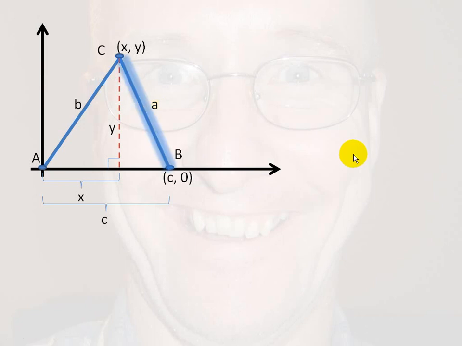And as I develop this law of cosines, I want to calculate the distance from this arbitrary (x, y) point here down to this (c, 0). So I'm going to calculate the distance. And of course we use the distance formula: I have the difference of the x's squared plus the difference of the y's squared.